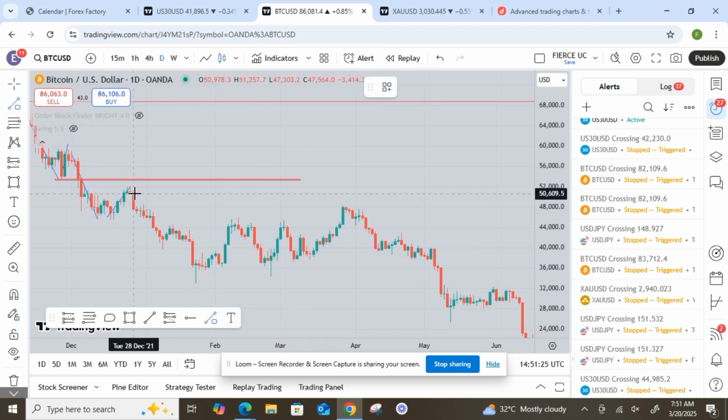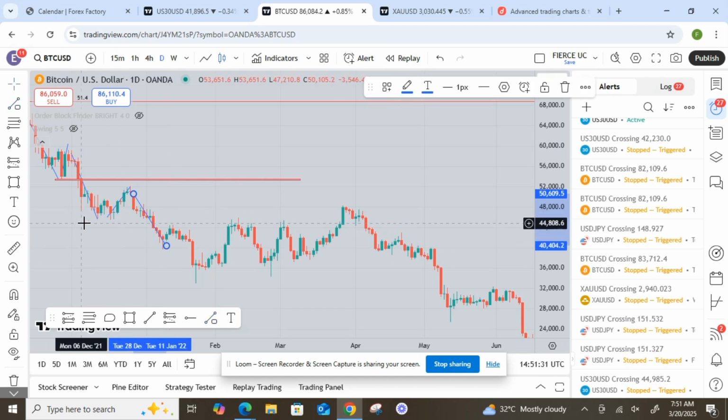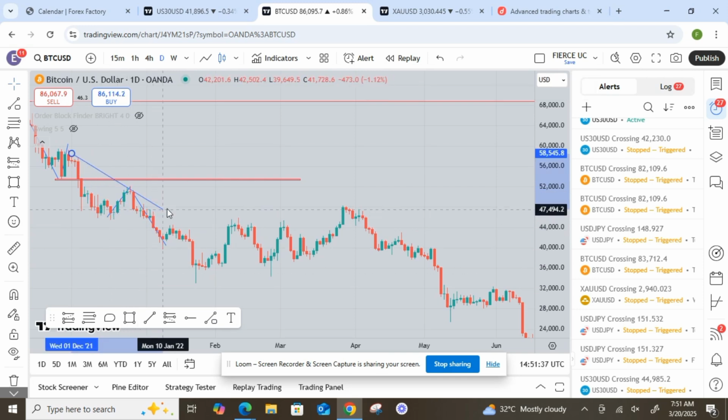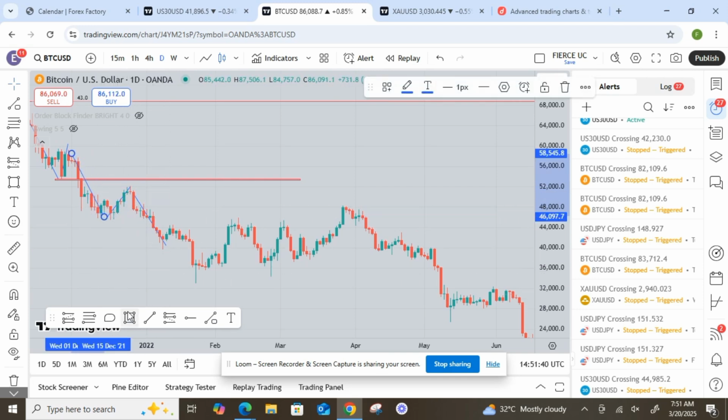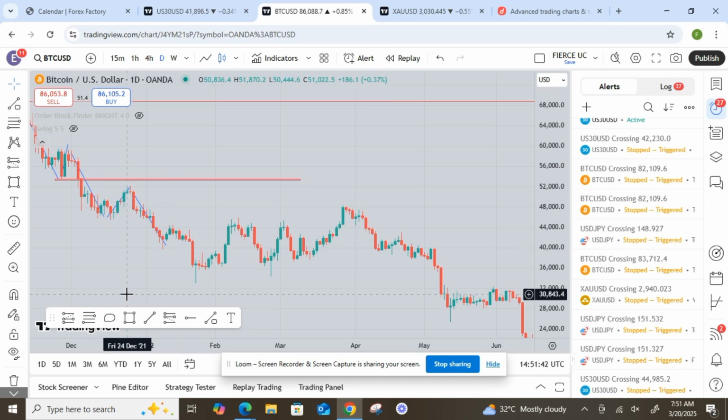Now look now. It broke again, see? Right? Now this one becomes our previous low. So we drag it again. I'll use my rectangle tool at the previous low, right?